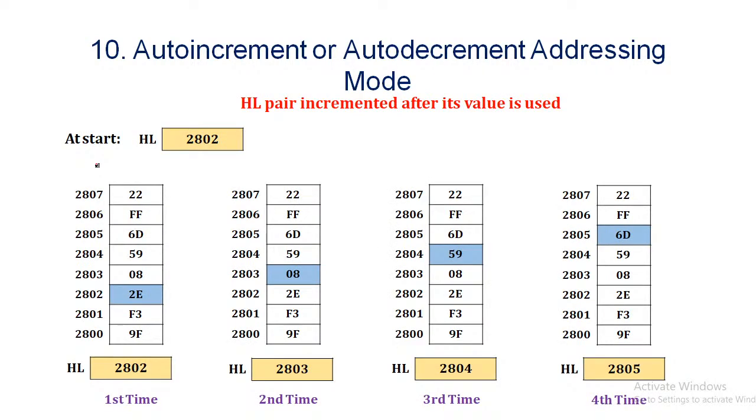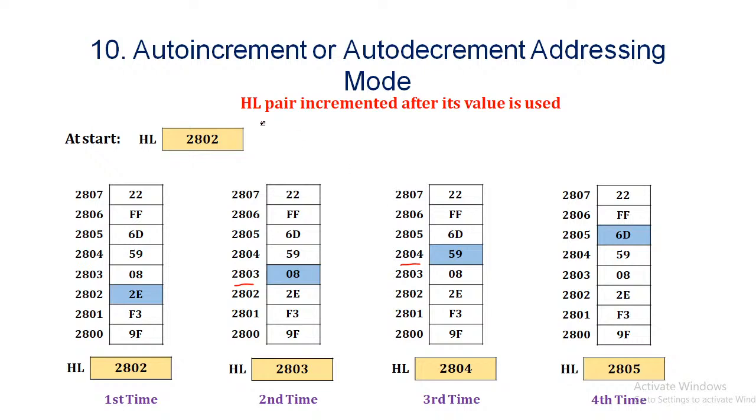Now let's see the example. Suppose it is auto increment mode of operation, so every time the value is fetched, the HL pair value is incremented. The first time the HL pair value was 2802, now it has changed to 2803, now to 2804.